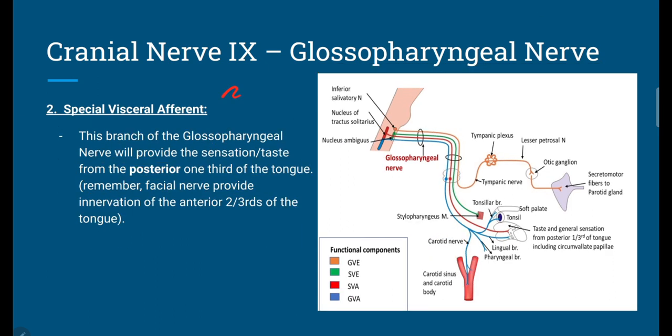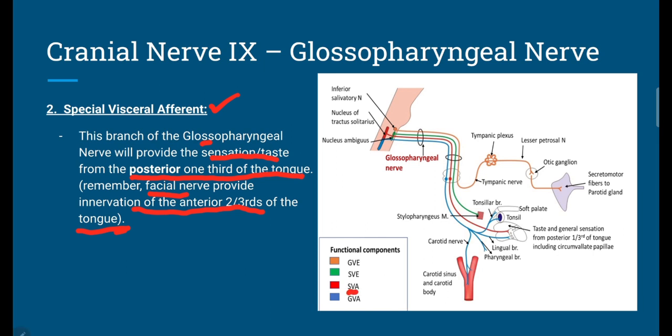The next one is the special visceral afferent. This branch of the glossopharyngeal nerve will provide the sensation of taste from the posterior 1/3 of the tongue. Remember the facial nerve in our previous lecture. The facial nerve provides the innervation of the anterior 2/3 of the tongue. The posterior 1/3 is provided by the glossopharyngeal nerve. So let's follow here.